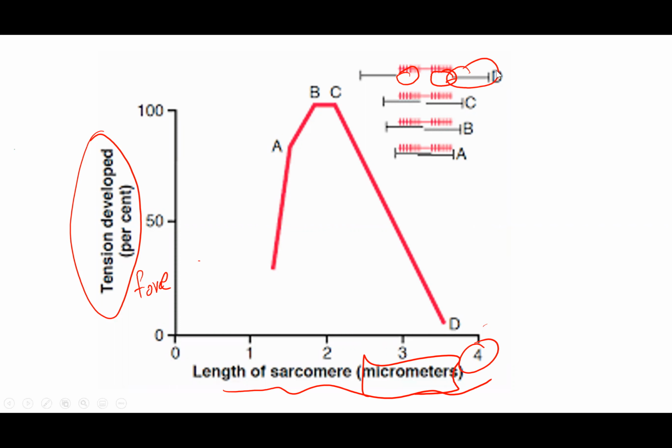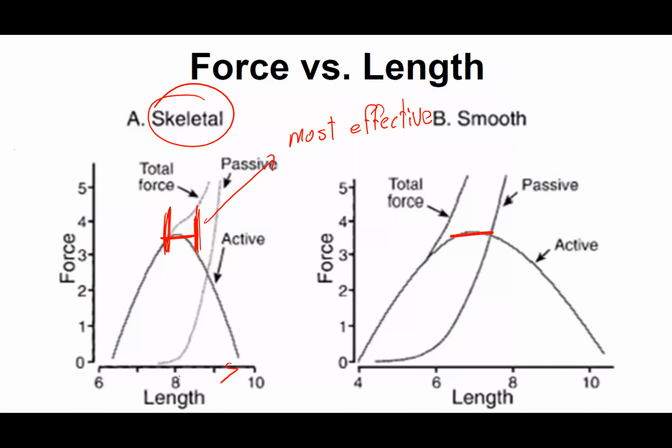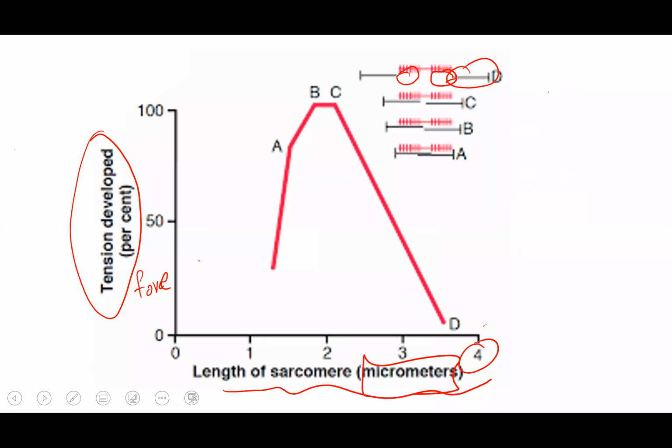Basically, this optimal length in smooth muscle is much more prolonged, and there's a very specific reason. The myosin itself, this thing over here, is longer in smooth muscle.